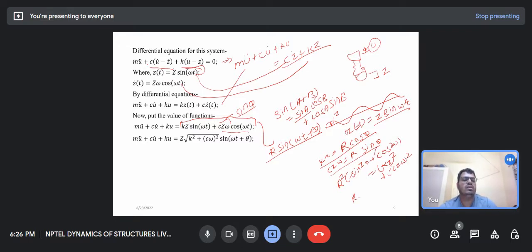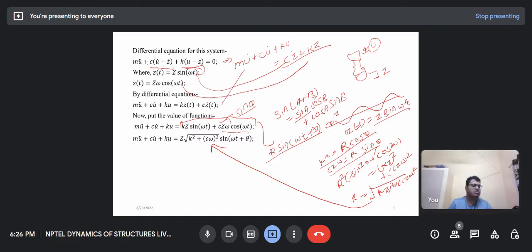So the value of r comes out to be the square root of kz square plus cz omega square. You can take the z out, that is the same thing. Have you understood how I get this expression?